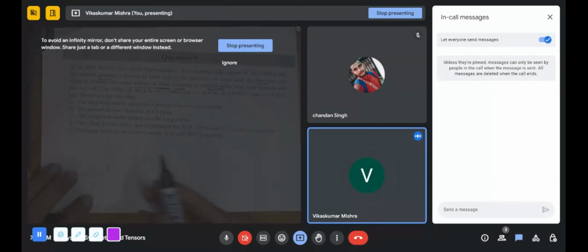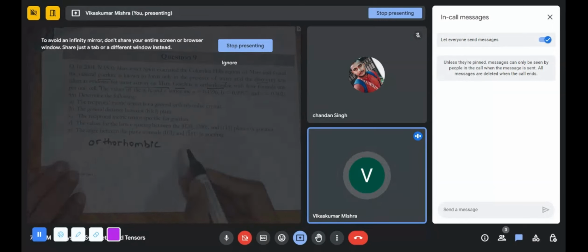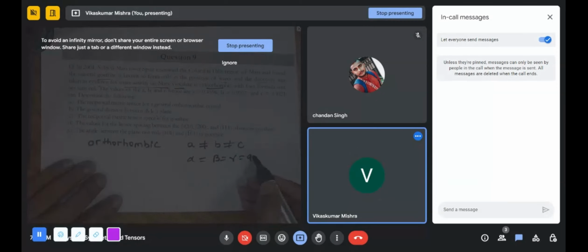So first of all, it is given that it is orthorhombic. For the orthorhombic, we know A is not equal to B, which is also not equal to C, and the angles alpha, beta, and gamma are all equal to 90 degrees.